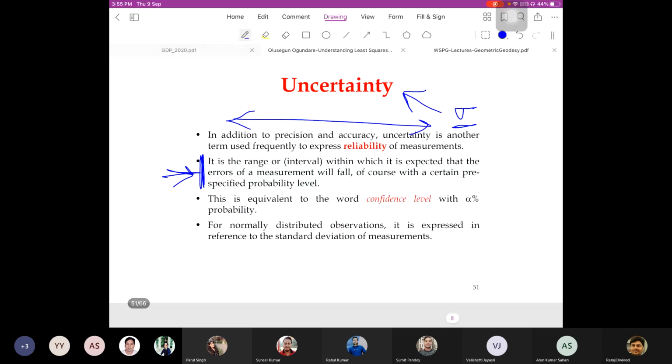So this is equivalent to the word confidence level with alpha probability. For normally distributed observations, it is expressed in reference to the standard deviation of measurement, which I just mentioned. Any question? This is a very strong line. You have to understand this part, because based on this we'll attempt certain problems.